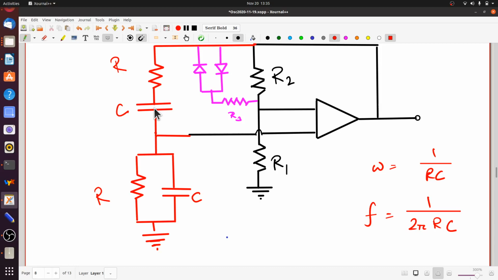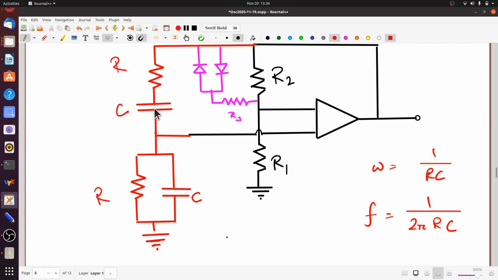Only one of those frequencies caused zero phase shift, so the output came back in phase to itself and was able to self-sustain. In a phase shift oscillator, you start with an inverting amplifier, which has a 180 degree phase shift to begin with. And then you try to shift the phase by an extra 180 degrees so that the overall phase shift becomes 360 degrees, which is equivalent to 0.